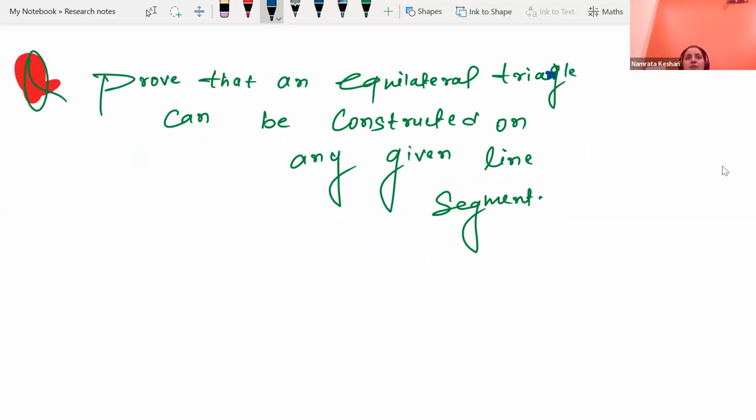Yes, we will be using postulate number 3. How will we prove it, Tejas? You have identified it correctly, but how will we be using that? Please tell. Just let me figure it out. You are going to think about it. Yes, ma'am.